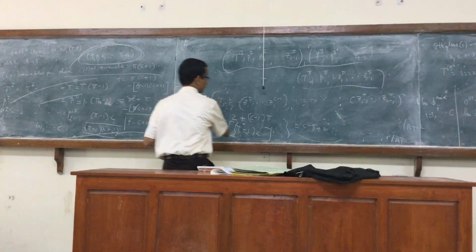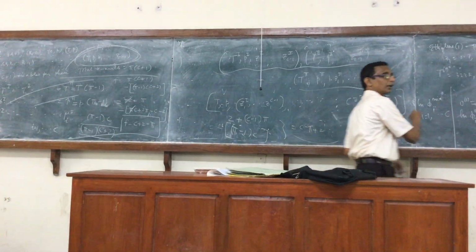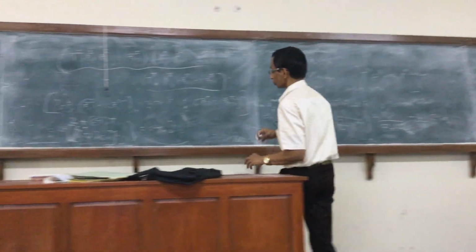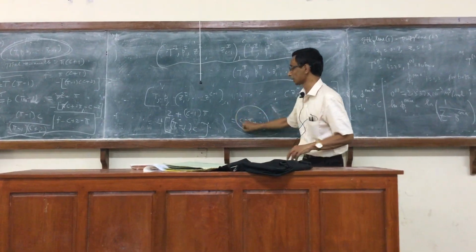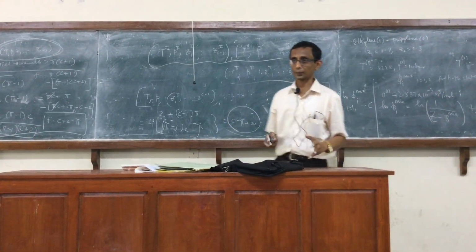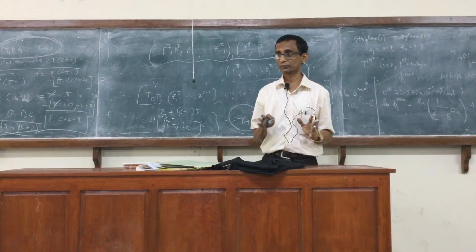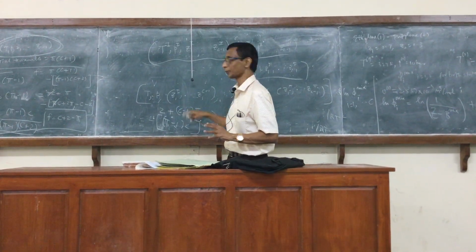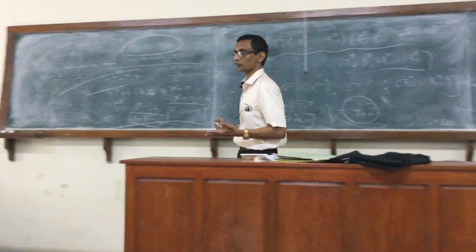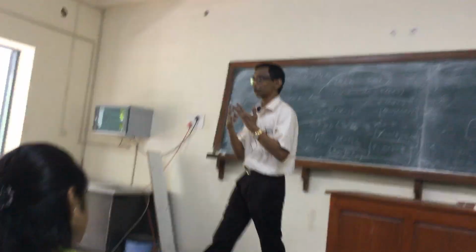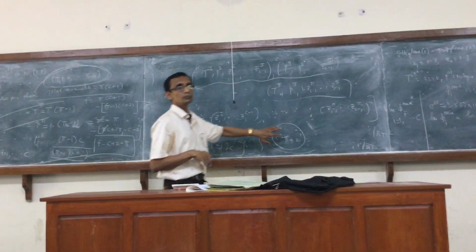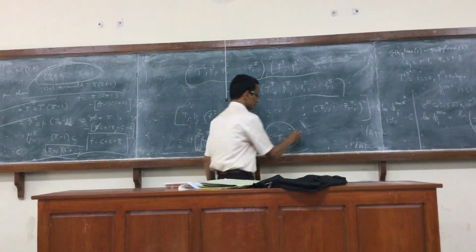The phase rule effectively says that from among the set I can independently choose c minus pi plus 2 variables.